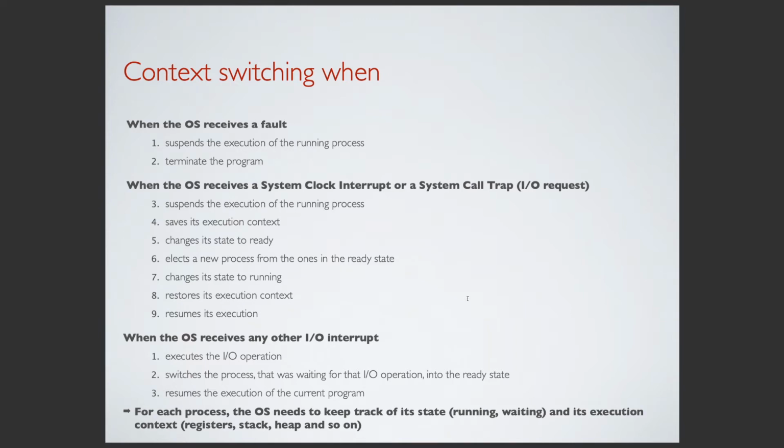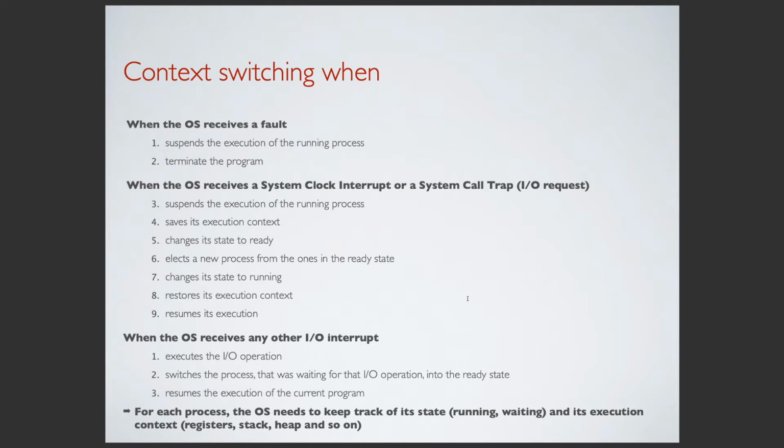So again, everything I said, I'm just going to repeat again, right? So when the OS receives a fault interrupt, okay, what's happening? Well, usually it's happening on the current running program. So as soon as this occurs, it's going to suspend the execution of the process and terminate the program. Okay, terminate the process. Maybe I should write the word process here.